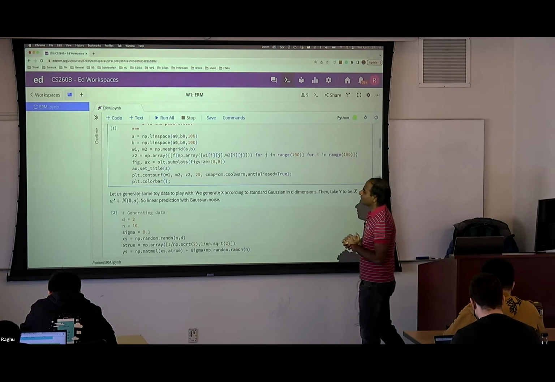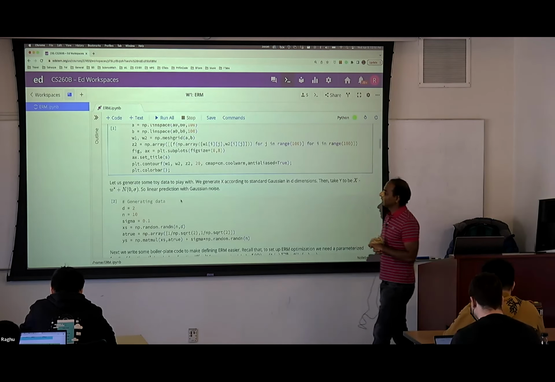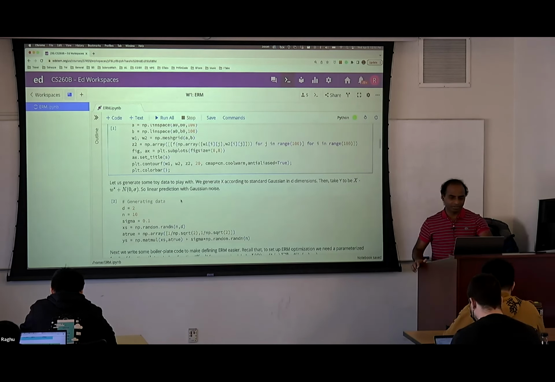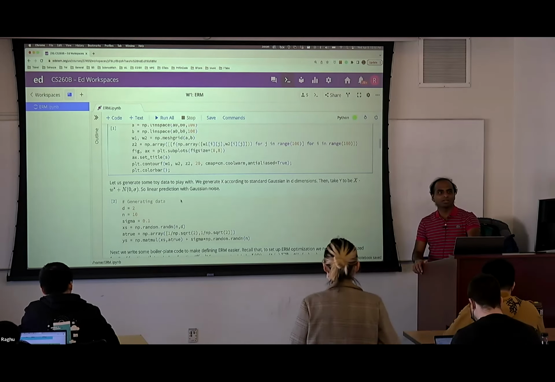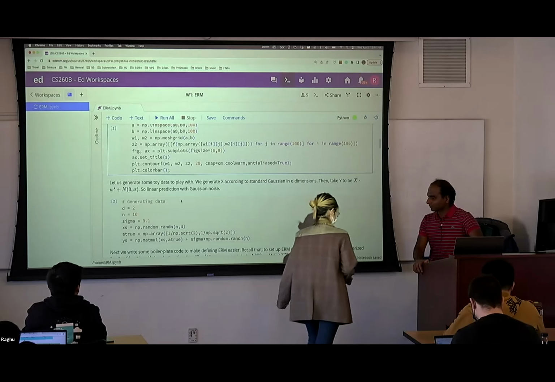Okay, so let's generate some data. You're generating a bunch of examples and labels, and the labels I'm using are just random linear function labels.